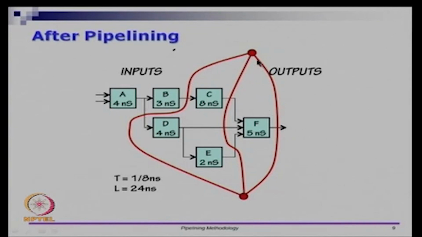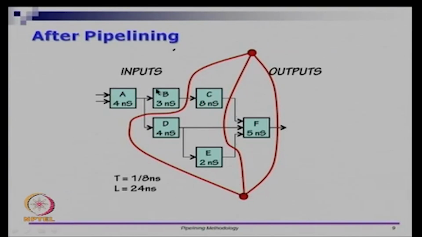If you go and count the number of flip flops, the third stage pipeline is only registering F, so that is one flip flop. The second stage pipeline is registering C, registering D and registering E, so there are 3 flip flops here, and the first stage pipeline is registering B and registering on this branch of A, so that is 2 flip flops.